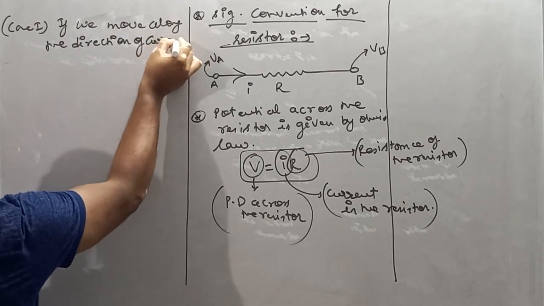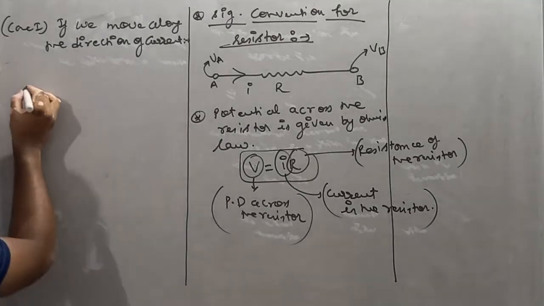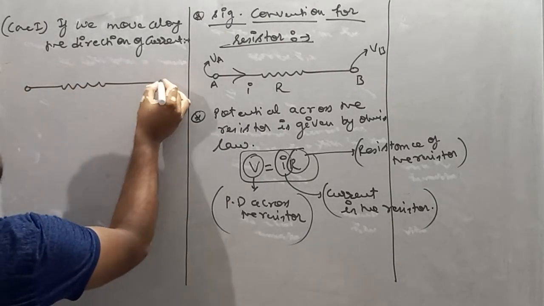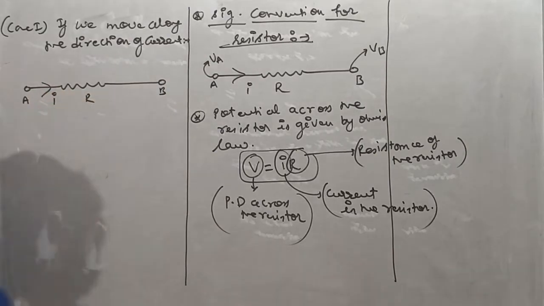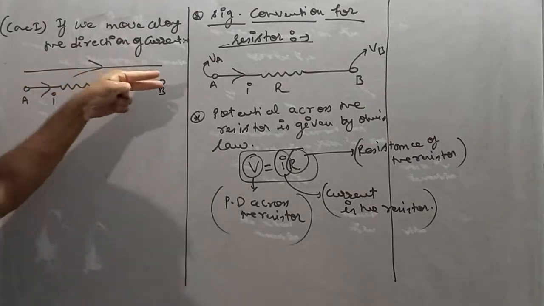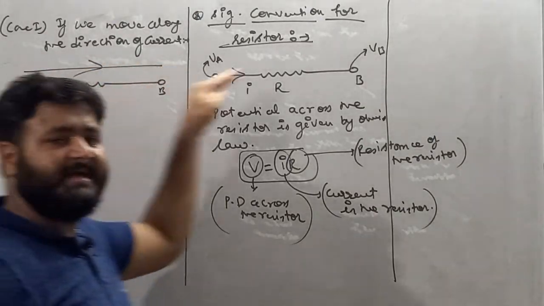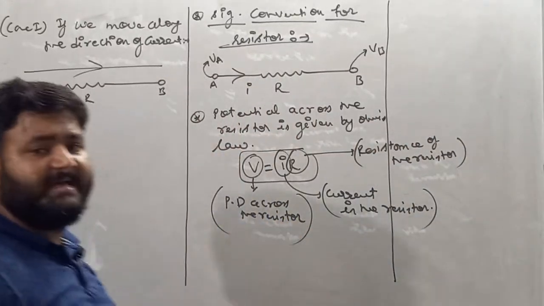Let's suppose this is a resistor of resistance R in which current I is flowing, and we are moving along the direction of flow of current.